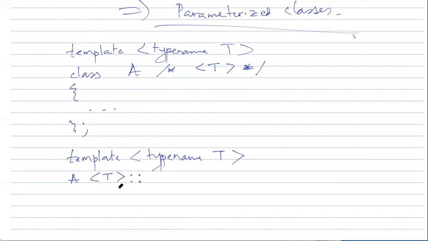The extra thing that you are putting in is this angle bracket T, okay? And then followed by A, then const T& a value. This is like a non-default constructor, which is dependent on this T, yeah? So that you can write this function.